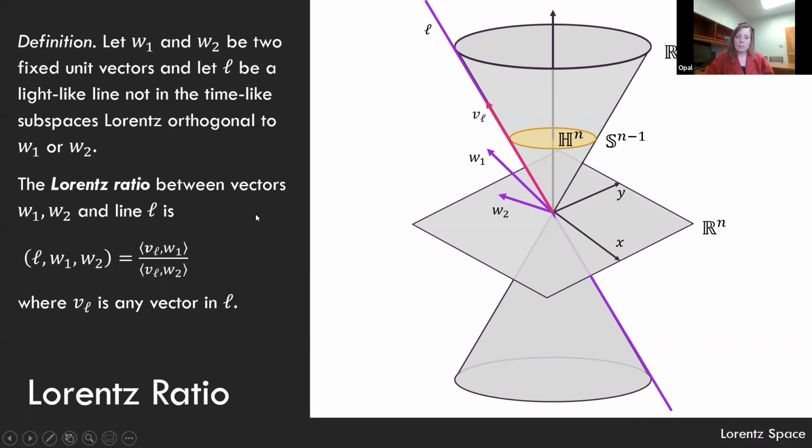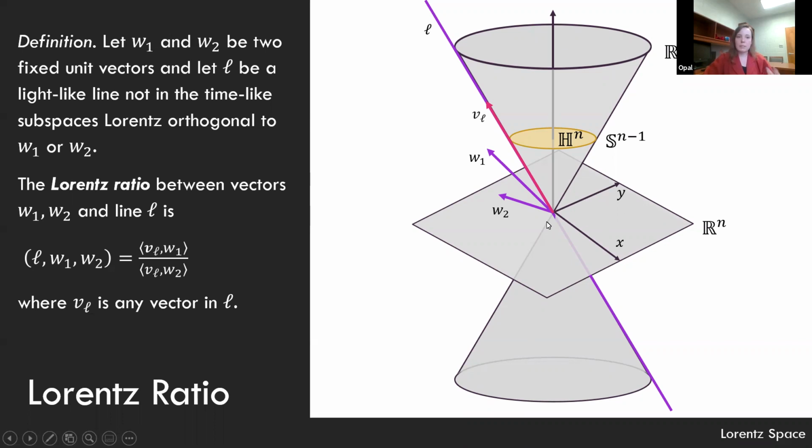For the purposes of this definition, oh no, sorry, that is a little bit of a mistake. I should say that W1 and W2 have to be both space-like or both time-like for the purposes of my definition.